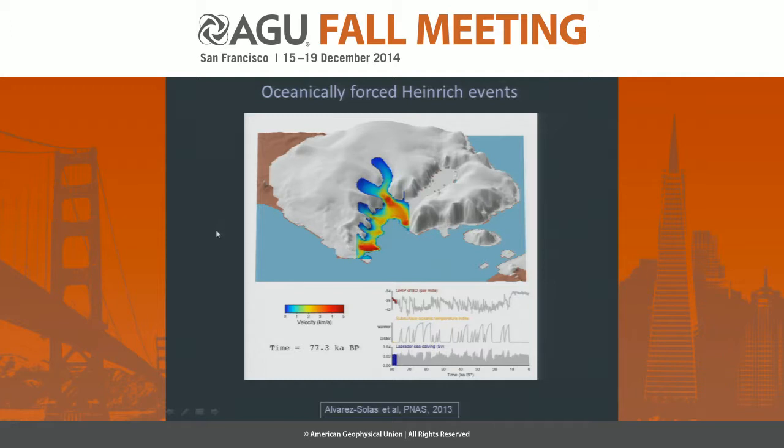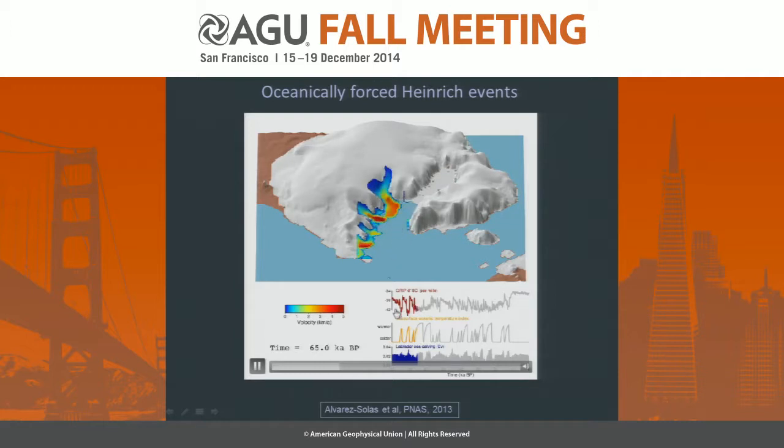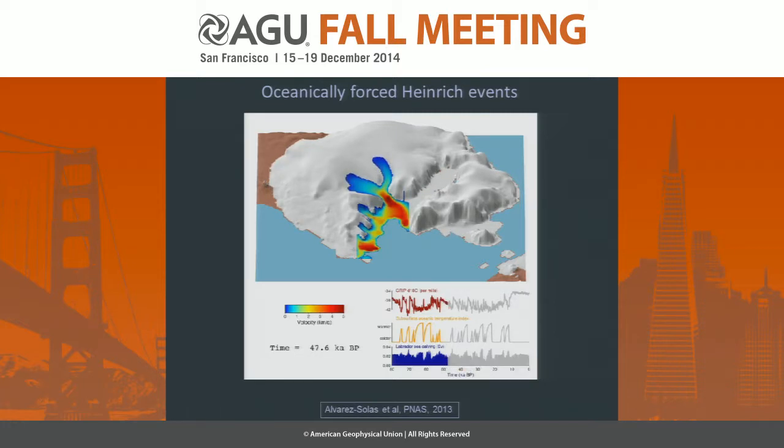What we figured out a year ago is that if we force the model with an oscillatory ocean, and this is an index of that oscillation in the ocean that we translate into warmer and colder temperatures, it affects this part of the ice sheet which is floating. These are the ice shelves, and they are really susceptible to subsurface warming, to subsurface temperatures.